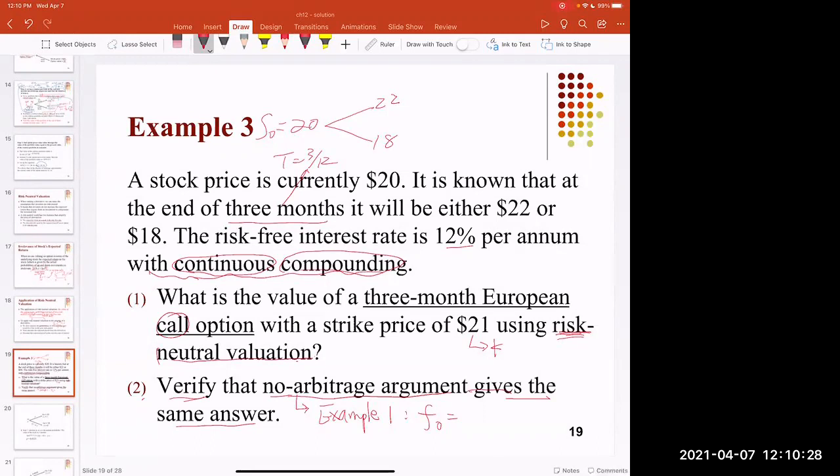I just want to double check you made notes and you understand. What's the answer for example 1? Anybody can tell me?